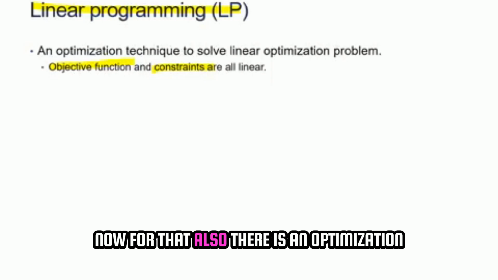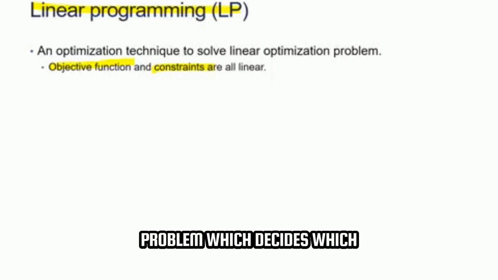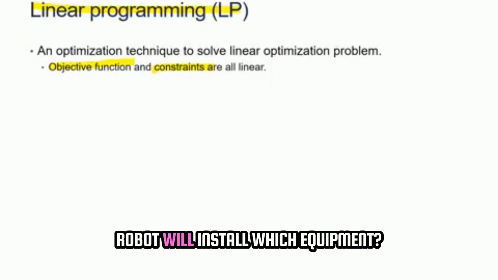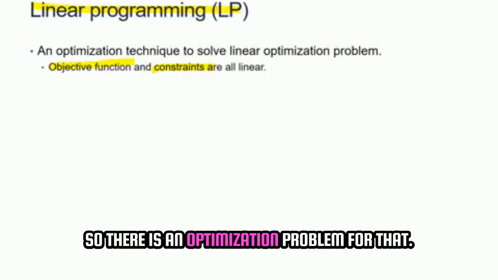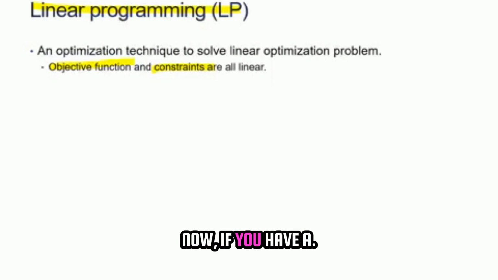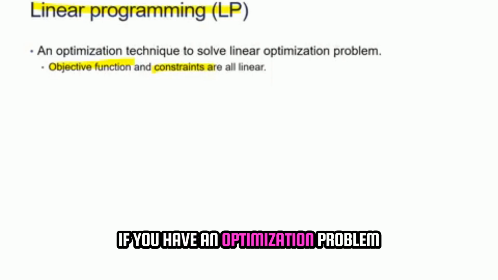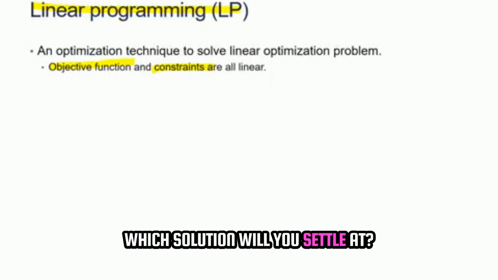Now, for that also, there is an optimization problem which decides which robot will install which equipment first and which will be installed afterwards. Now, if you have an optimization problem which is again of a nonlinear type, which solution will you settle at?